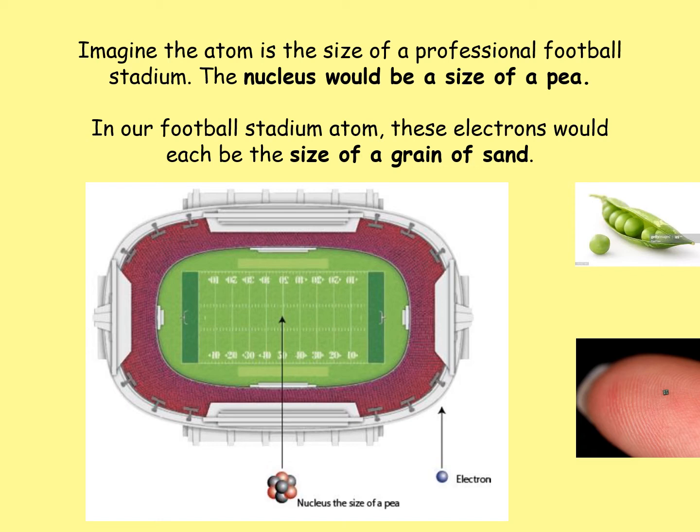A grain of sand is about 2,000 times smaller than a single pea. And that's true for electrons, they're about 2,000 times smaller than the size of the nucleus. Now this, interestingly, isn't actually a grain of sand, it's a picture of the world's smallest computer camera, which I'm reliably informed is the same size as a grain of sand, which is why I've included it.